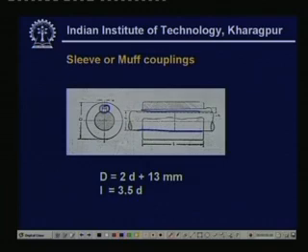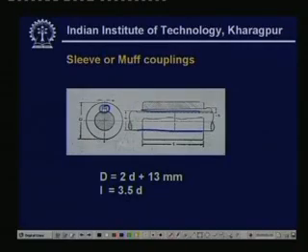What you see here is a gib-headed type key, but there may be other kinds of key, for example the Woodruff key, or pins may be there, or, as you have already learned in screws, a set screw may also be used in connecting the sleeve to the shaft.